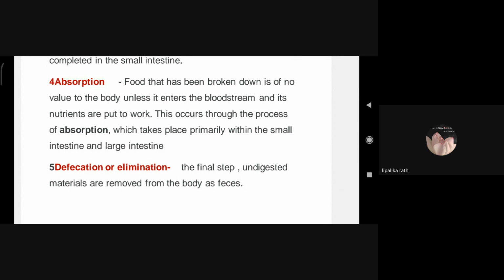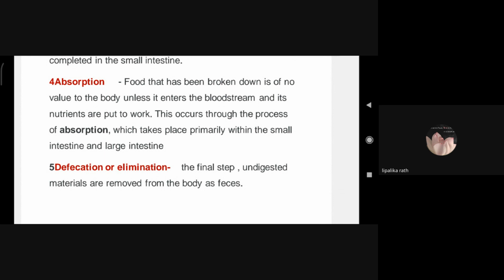So after digestion, absorption takes place. This occurs primarily within the small intestine and large intestine. Primarily absorption takes place in the small intestine, and a small amount also takes place in the large intestine.